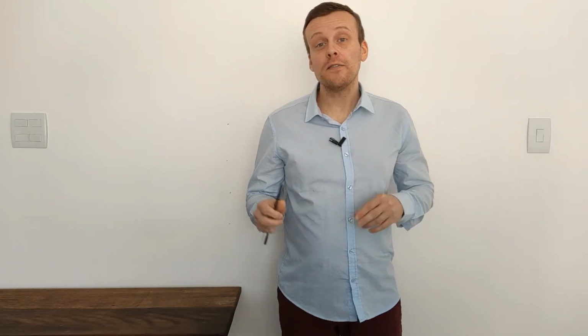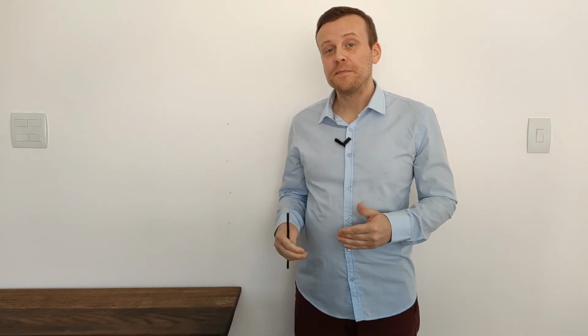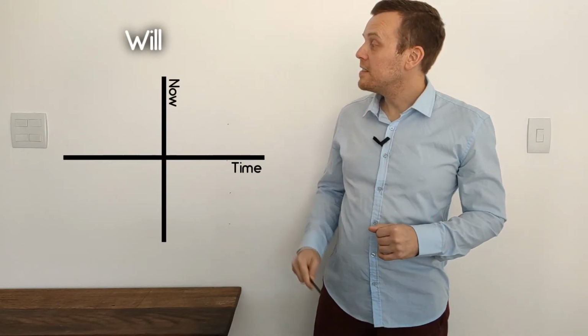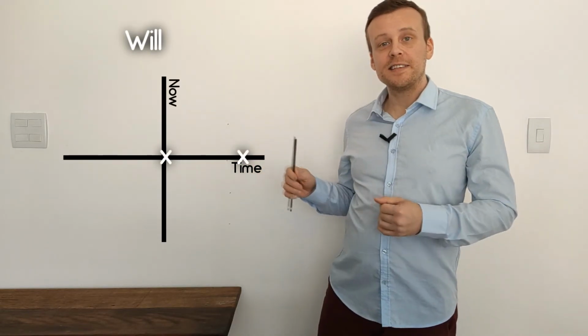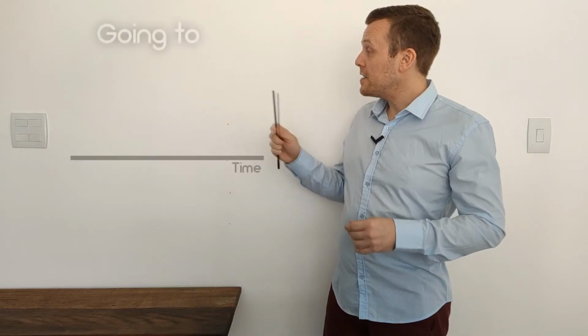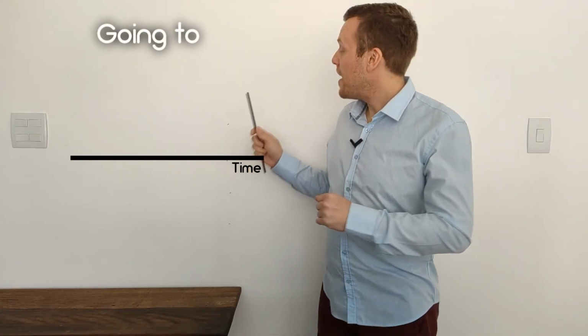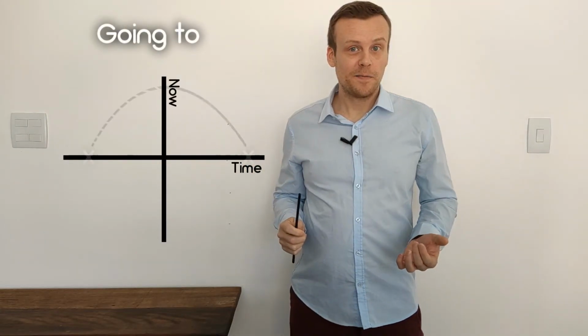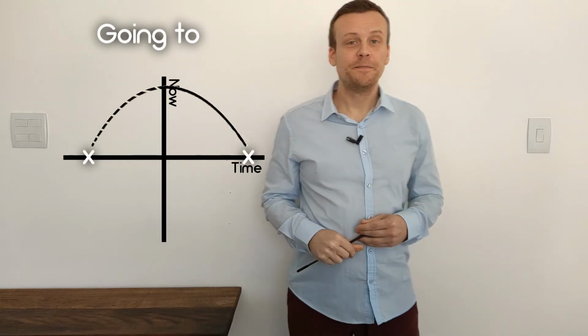First, will is an expression of willingness, which is to do something in the near future. If this is time and this is now, this is will. Next, going to is a prior plan made in the past for the future. So if this is time and this is now, this is going to.